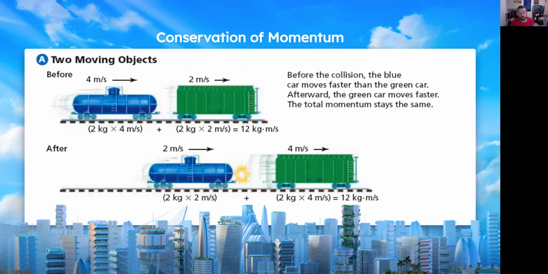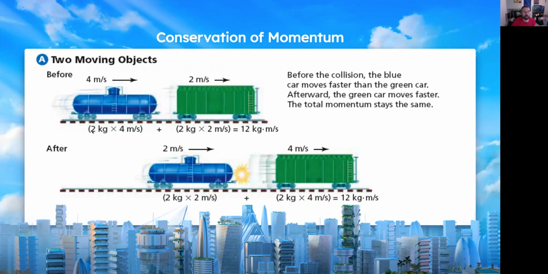So we see this with train cars, all right? If this blue train car is moving at 4 meters per second, the green one is moving at 2 meters per second, we know just by thinking about it that this one is going to catch up. This is moving twice as fast, so it is ultimately going to catch up.